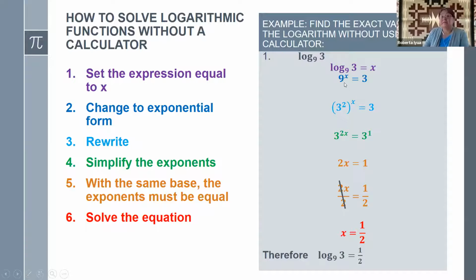I got the exponential form, 9 raised to the x equals 3. I had a base of 3 on the right side that is raised to the 1, and made the other side a base of 3 squared, since 9 is 3 squared, to the x. Using my properties of exponents, I got 3 raised to the 2x equals 3 to the 1.